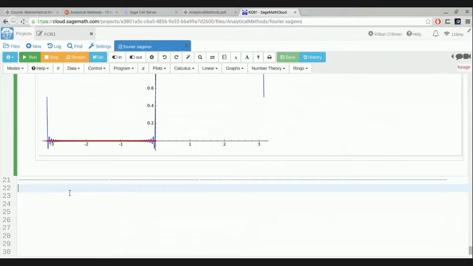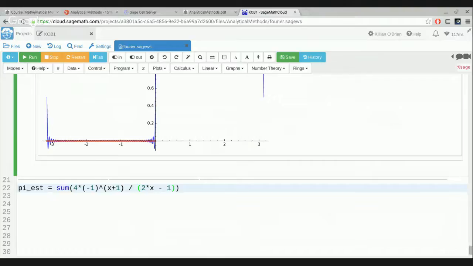So we'll set a pi estimate to be the sum. So what's this quantity? It's 4 times minus 1 to the power x plus 1 divided by 2 times x minus 1.